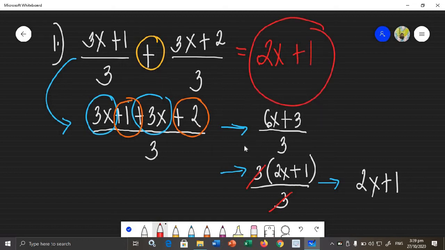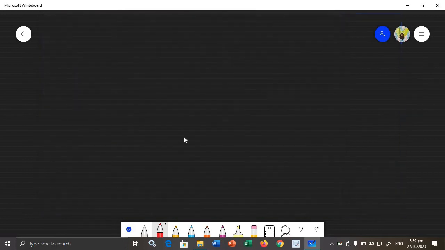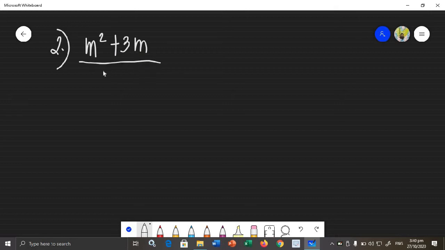And then, how about the next one? Let's say we have example number 2, and we will find the difference of (m² + 3m)/(m² − 1) and (m − 1)/(m² − 1).